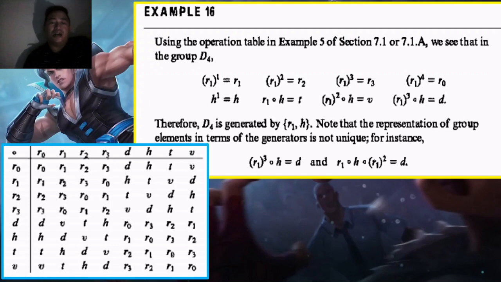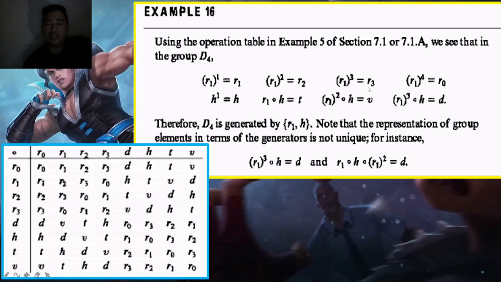Okay, next. Example number 16. In D4, two elements generate D4: R1 and H. R1 to the power of 1 is R1 itself. R1 squared, R1 composed with R1, is R2. R1 cubed is R2 composed with R1, which is R3.